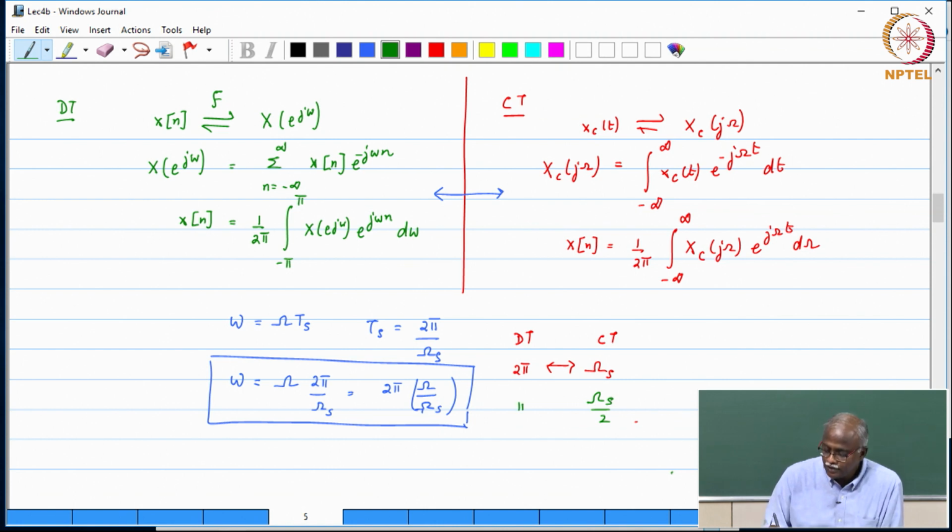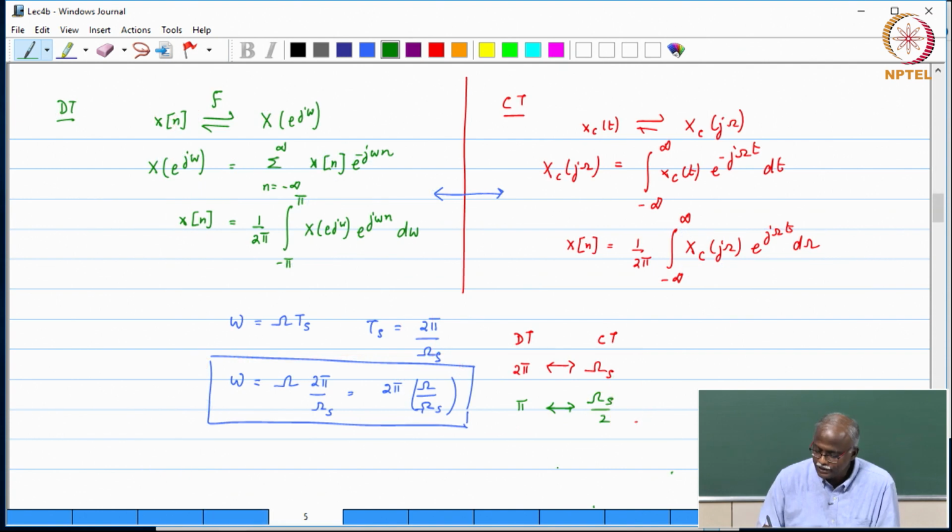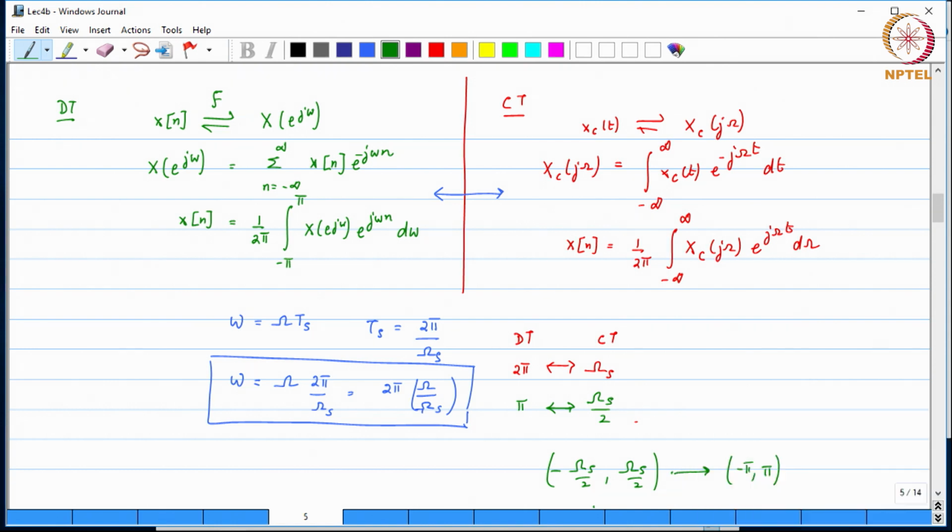So typically the reconstruction process is in the range minus omega s by 2 to omega s by 2. This would correspond, in the discrete domain, to minus pi to pi.